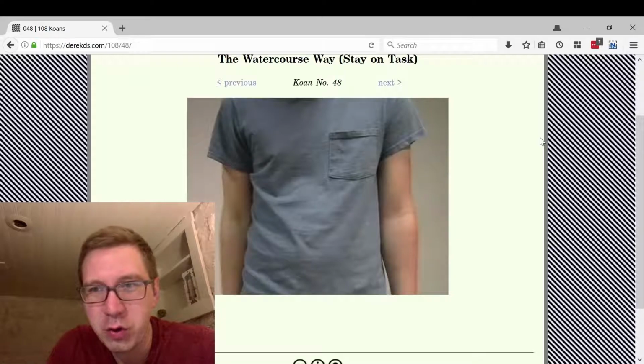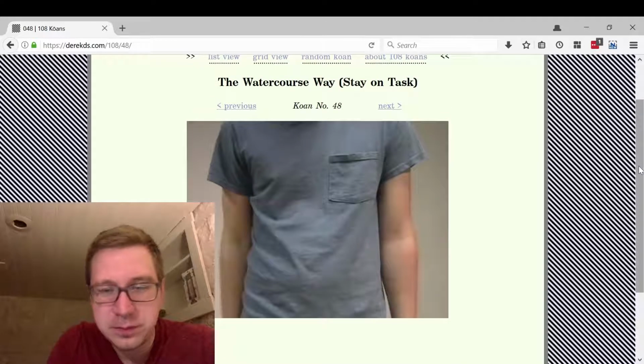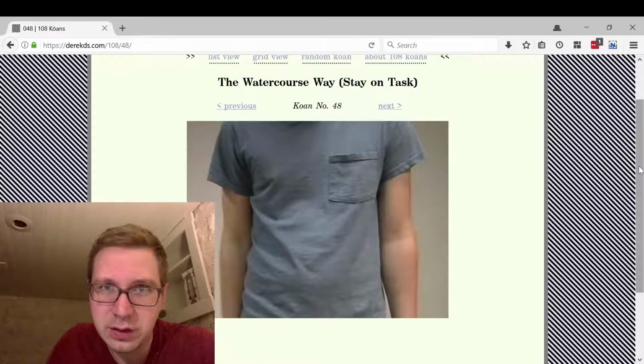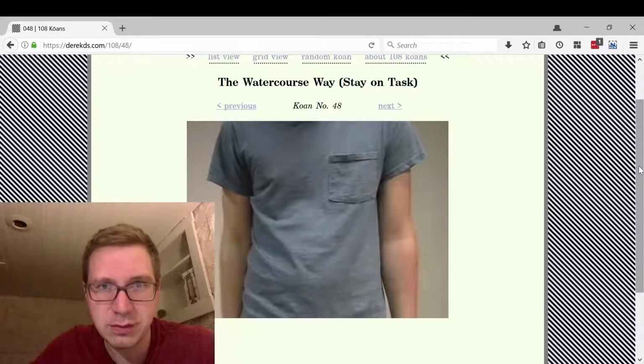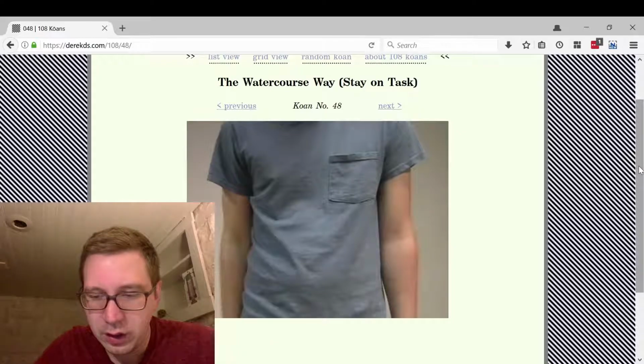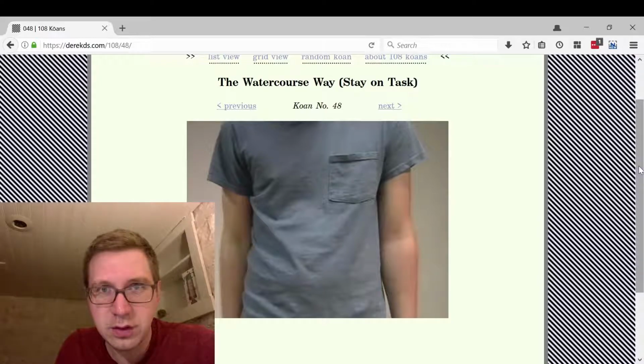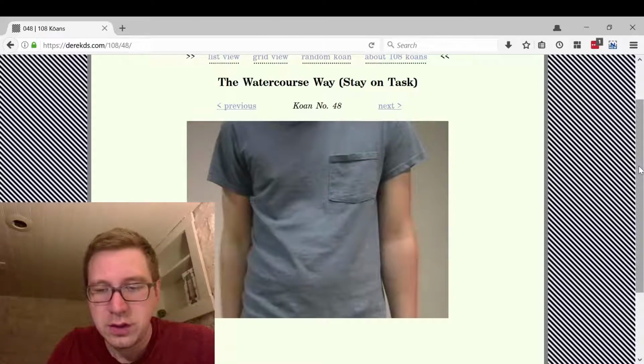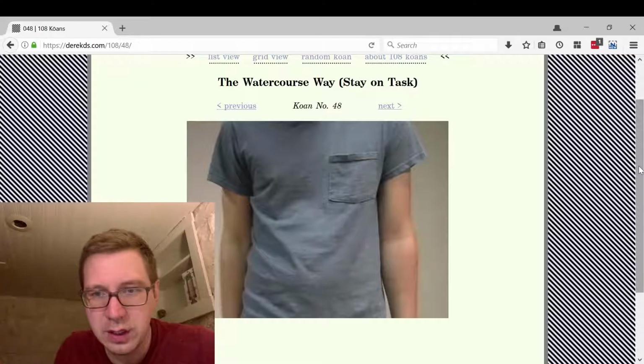The Watercourse way, that's the title of a book on Taoism by Alan Watts. And in Taoism, there's this concept called Wu Wei, which translates to non-action. And water always gets to its destination, right?